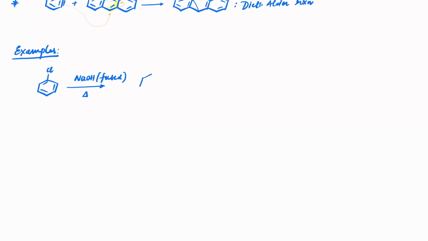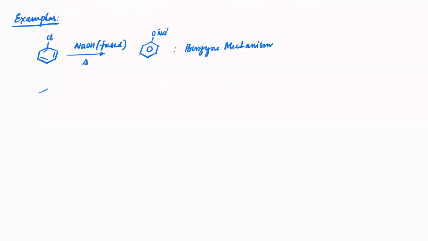In that case, we learned that you will get O minus and Na plus. This goes via the benzyne mechanism, and this is called Dow's process. The mechanism is pretty much the same here. Suppose there is a chlorine and a hydrogen here. OH minus in such a fused form will act like a strong base, attack here, push here, and remove Cl.